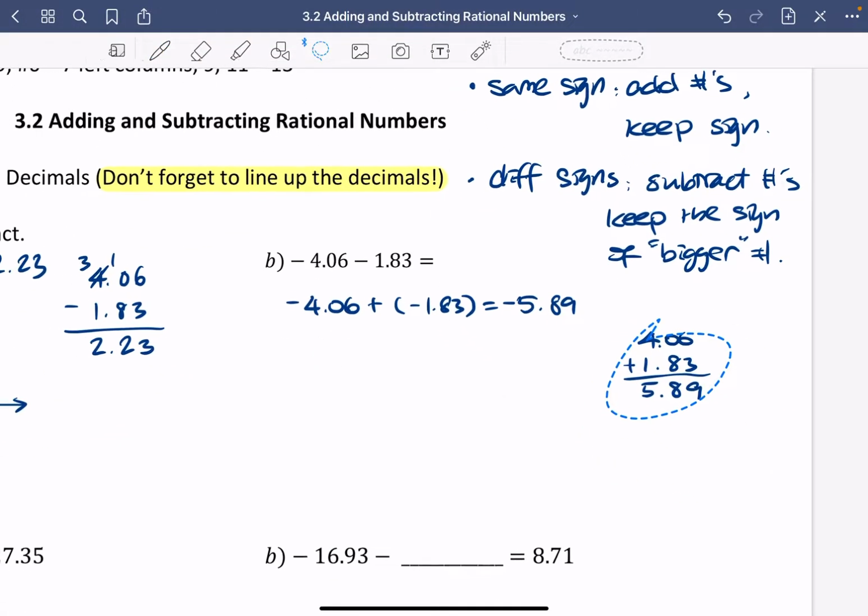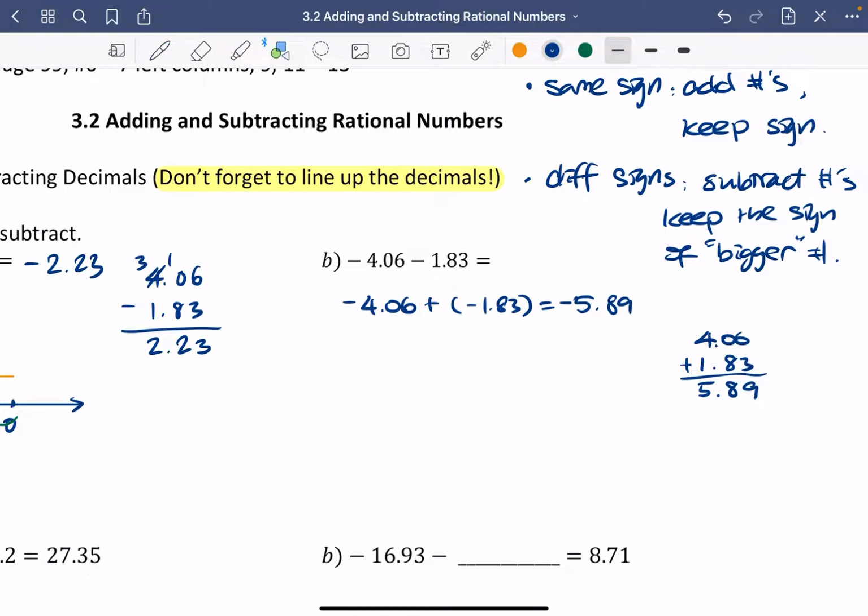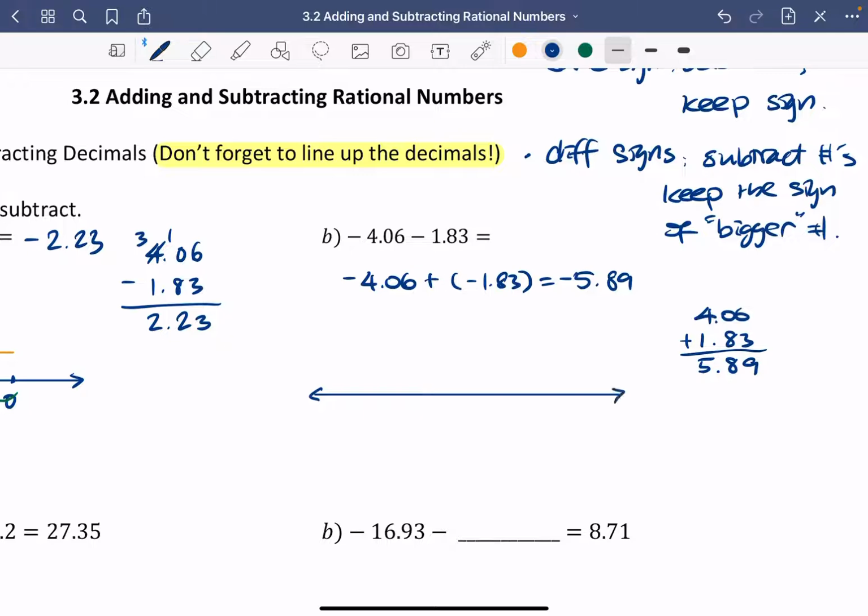Okay, so if you were to use the number line though, it will look like this. So let's say this is 0, this is negative 4.06. And so negative 4.06 plus negative 1.83 or minus 1.83 will be going to the left. So minus 1.83.